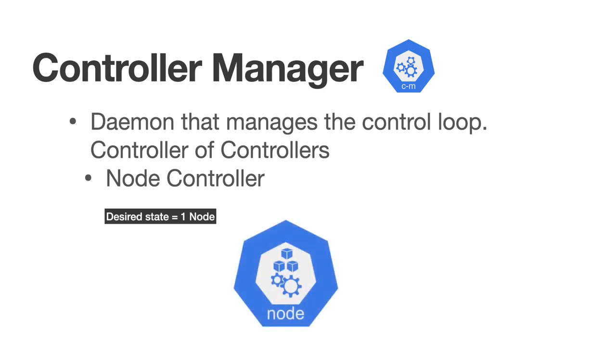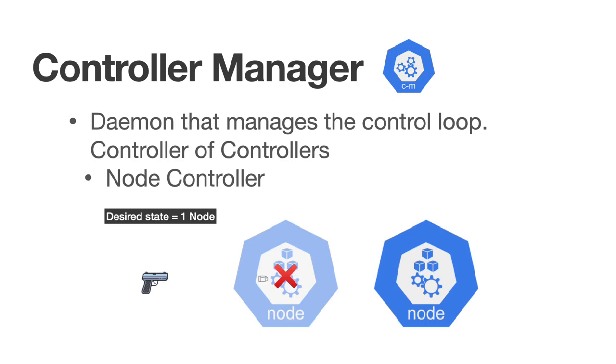And if we have 1 node, then if this node dies, right? So if this node has a problem, maybe it has a disk failure, or it ran out of memory, or any other factor, then the node controller is responsible for bringing up another node.